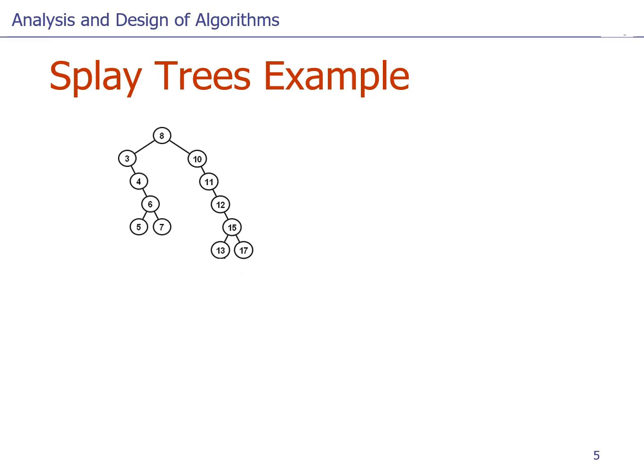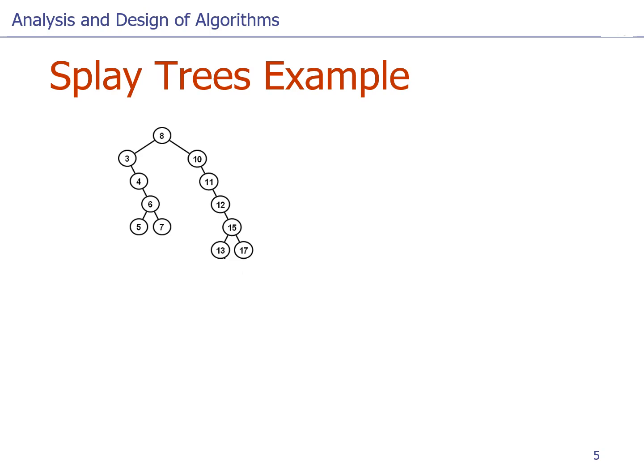All elements to the right are greater than the parent, all elements to the left are less than the parent. At most, because this is a binary tree, we could have 2 children per parent. If you inspect this tree, you will notice that the invariant holds for the binary search tree, and the invariant holds for being a binary tree.